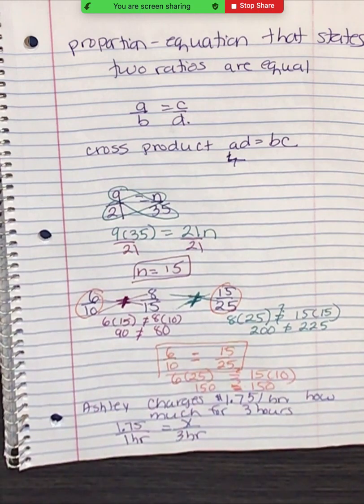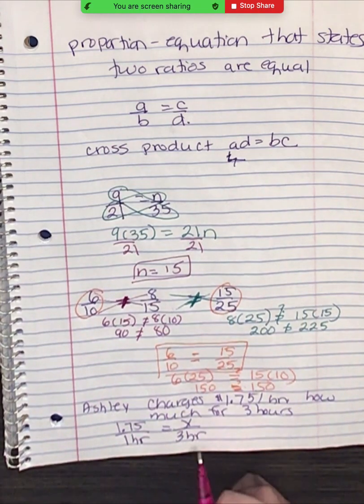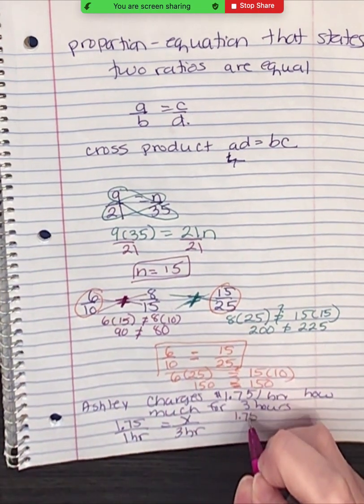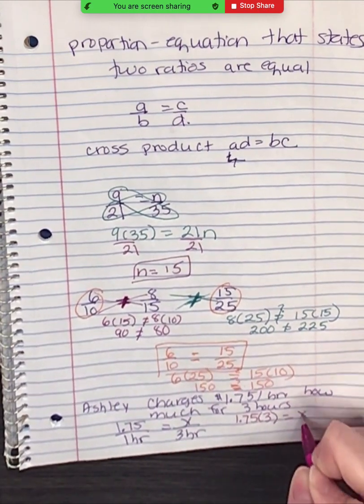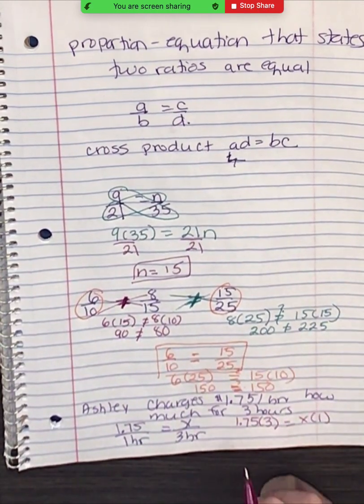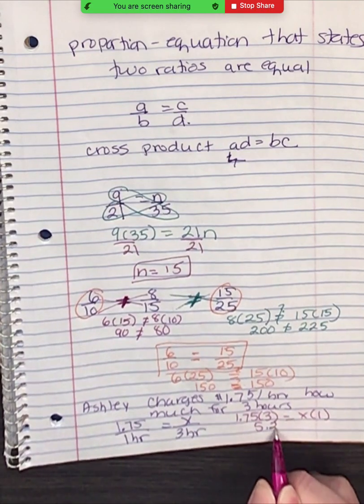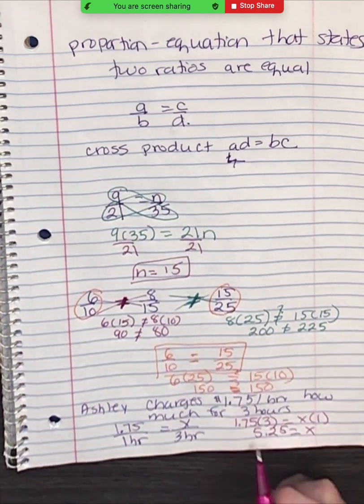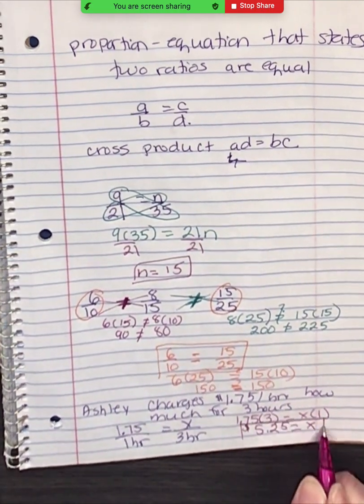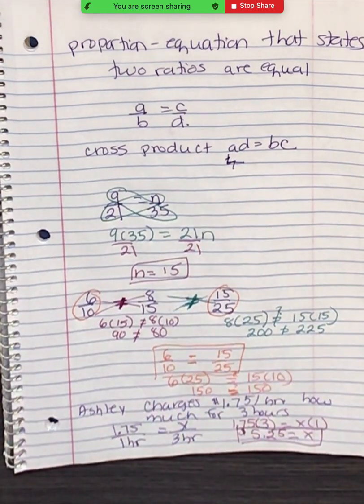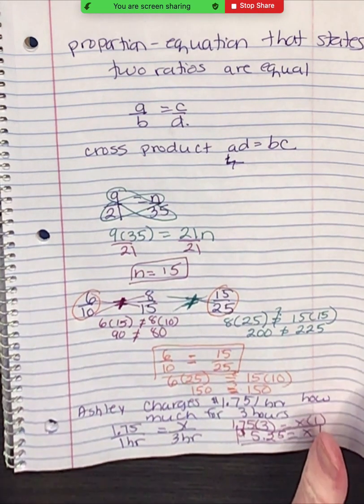Okay, so cross multiply. So $1.75 times 3 equals X times 1. So $1.75 times 3 is 5.25, and X times 1 is X. So it'd be $5.25 for 3 hours of babysitting. Okay, so that is 9.2.